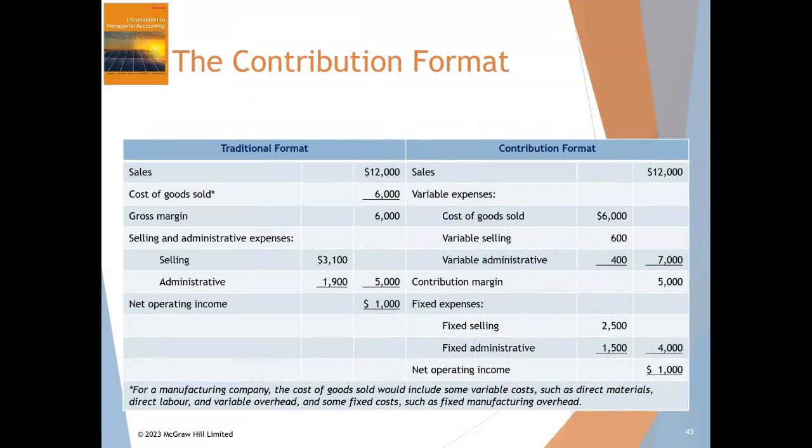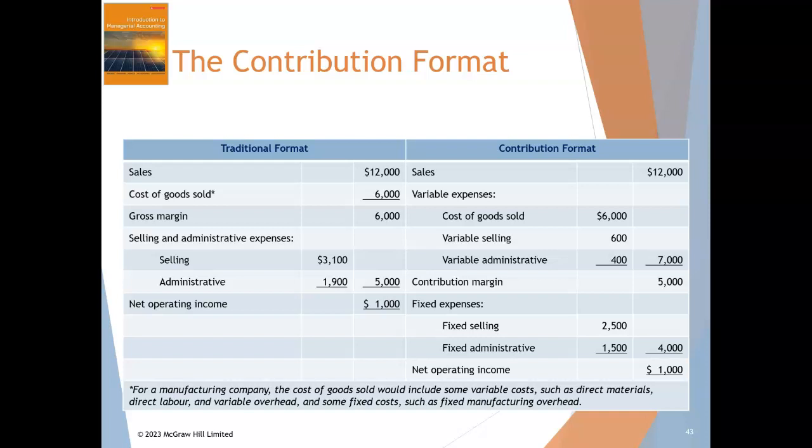The contribution margin format, traditional format. Sales minus cost of goods sold equals gross margin minus selling and administrative expenses to get net operating income. Contribution margin format. Sales minus variable expenses like variable cost of goods sold, variable selling, variable administrative equals contribution margin.